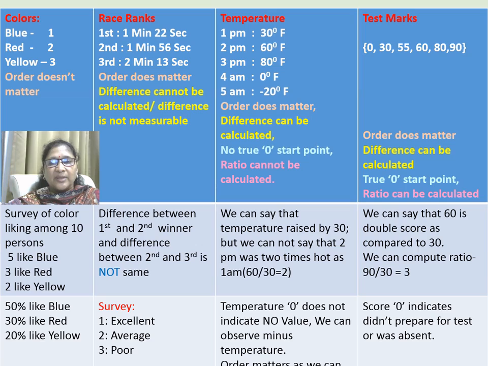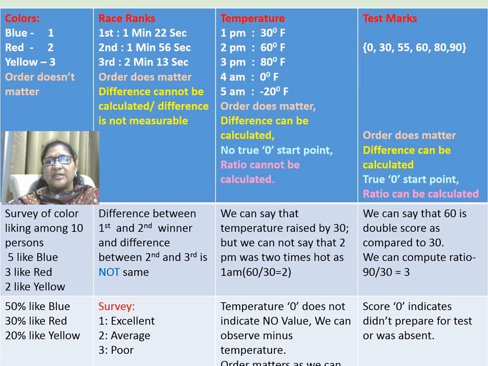The difference can be calculated. It need not be an equal interval. The values, when you note them down, can be at equal intervals, or may not be. 0 is not a true start point. 0 could be one of the observations. Ratios cannot be calculated, whereas we can talk about differences. Let us look at one more example.